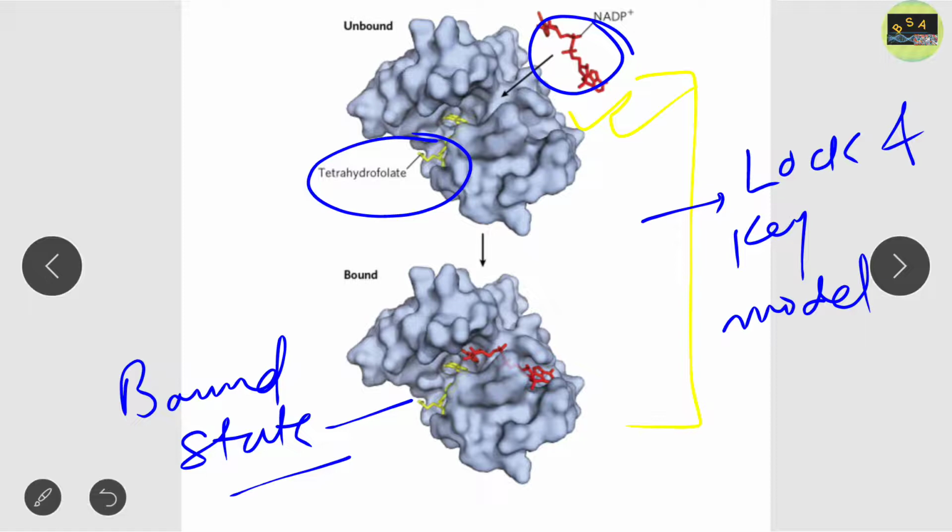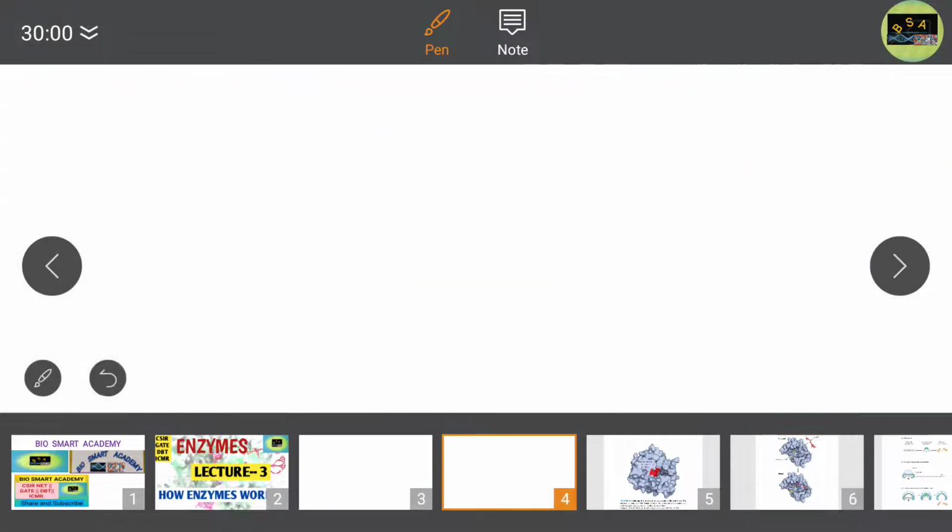Now if I draw a figure, then you will understand more. Suppose this is an enzyme, and the substrate is made in such a way that it is going to bind like this.